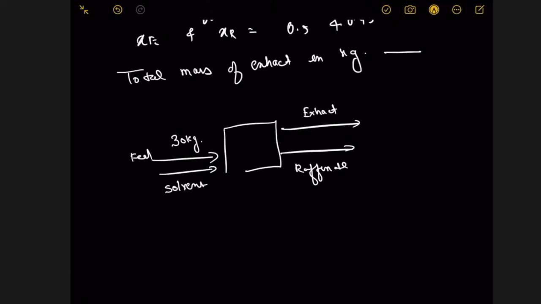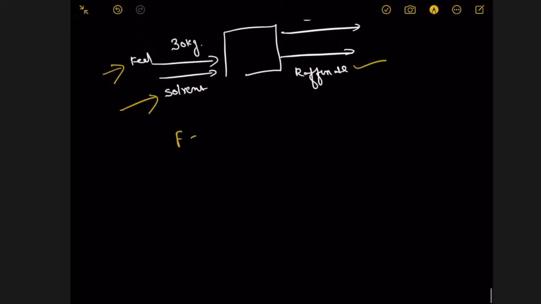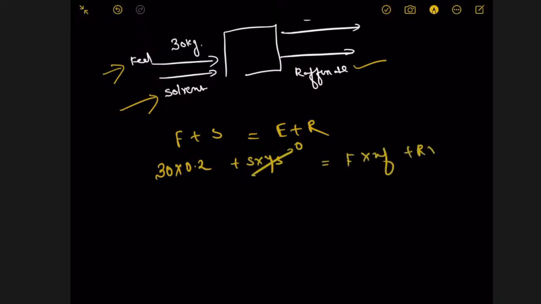These are the important things: in the feed, in the solvent, in the extract, and in the raffinate. F plus S equals E plus R. 30 into 0.2 plus, since it is a pure solvent, 0, equals E into XE plus R into XR.